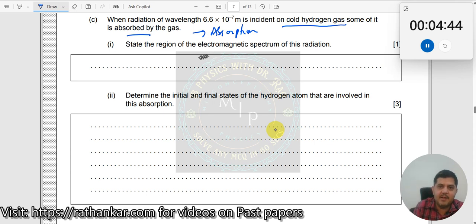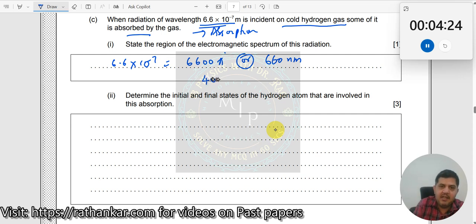State the region of the electromagnetic spectrum of this radiation. So you want to find out which region it falls into. Now you see, it is showing you a wavelength of 6.6 × 10⁻⁷ m, which corresponds to 6600 angstroms or 660 nanometers. Which region does it correspond to?